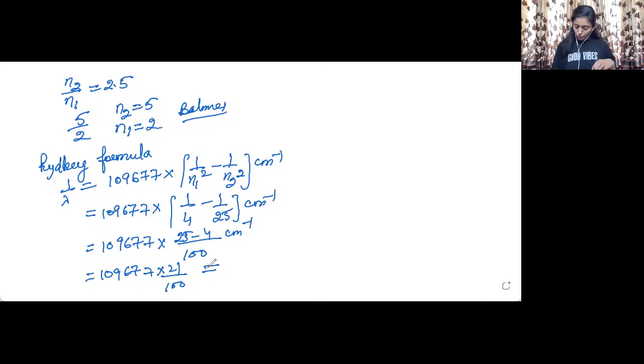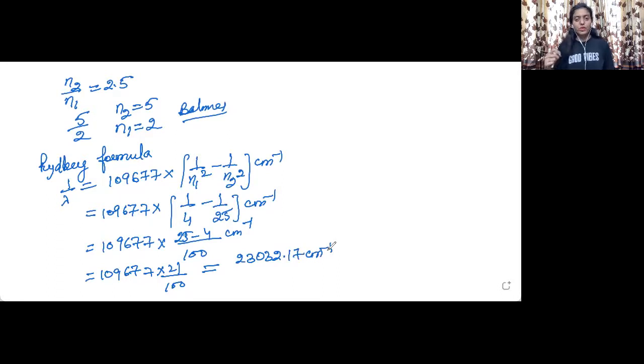Now this will come out to be equal to 109677 multiplied by 0.21, which is 23032.17 per centimeter.